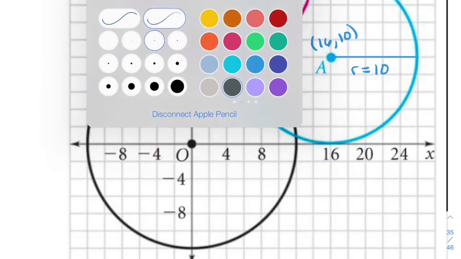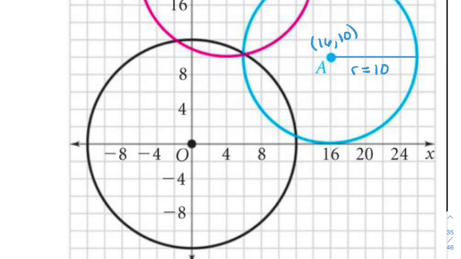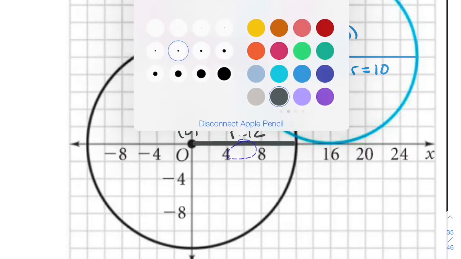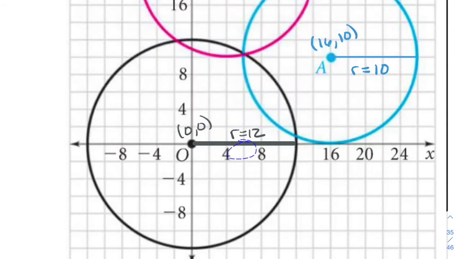And for O, looks like it's at 0, 0. That one's easy. And we're going to say a radius of 12. R equals 12. Let me make this line a little bit thicker so that you can see it. There we go. So we have 12.